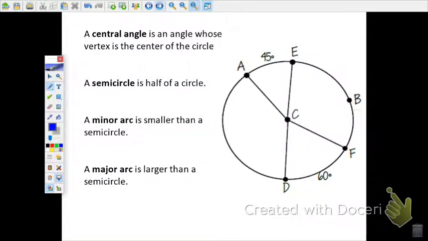There are many angles that we see drawn in that circle. As long as that vertex is at the center of the circle, that's what we call a central angle, because the vertex is at the center.